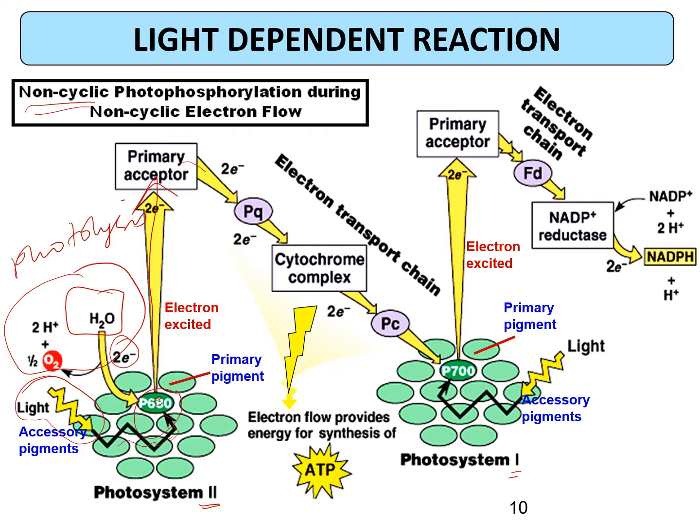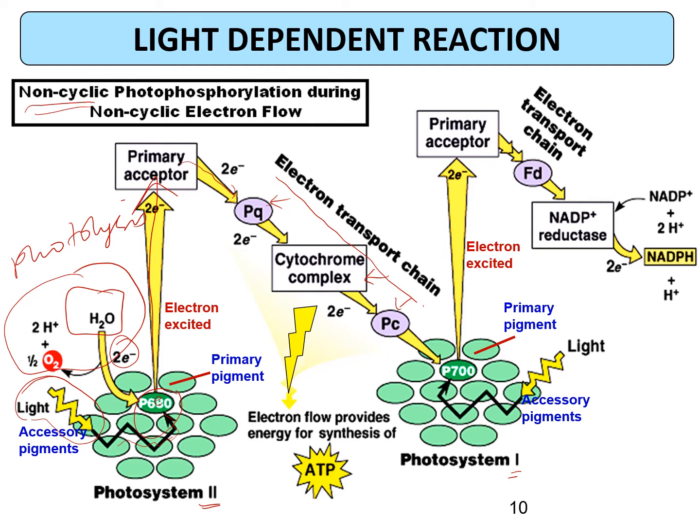Electron will flow from the primary electron acceptor through the electron transport chain, which we will learn later, and towards the P700.